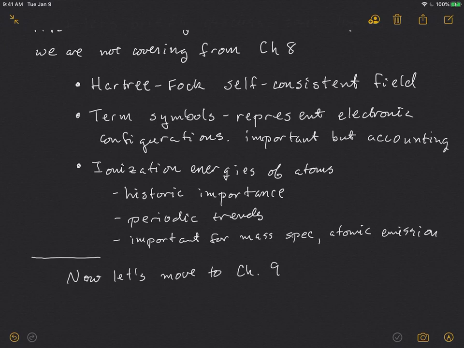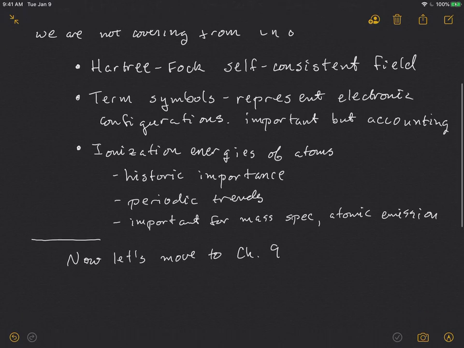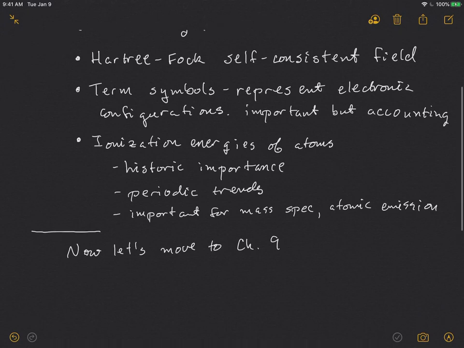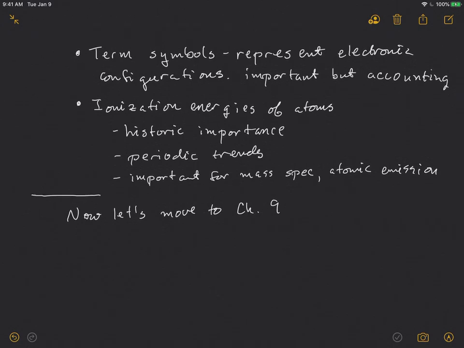Now let's move on to the subject of this lecture, which is molecules and molecular orbital theory. In particular, we're going to be looking at the H2 plus molecule ion, and we'll also be looking into the Born-Oppenheimer approximation.